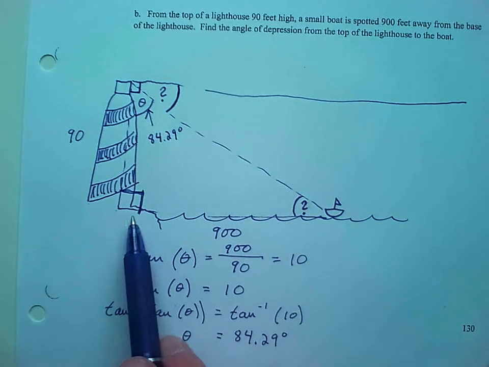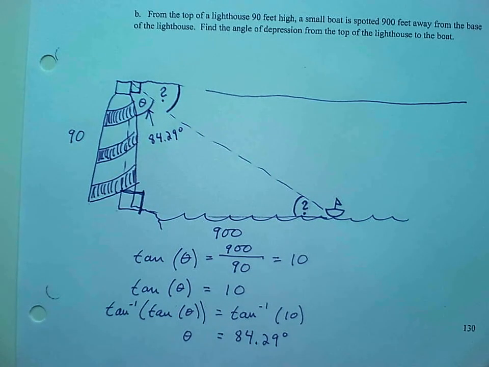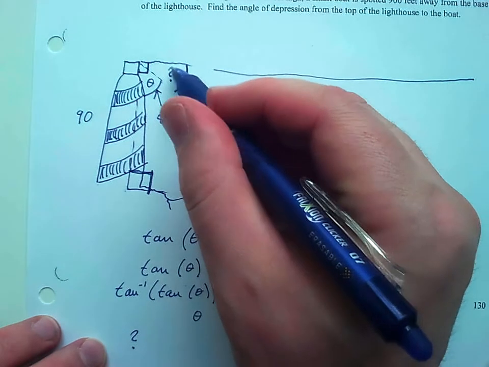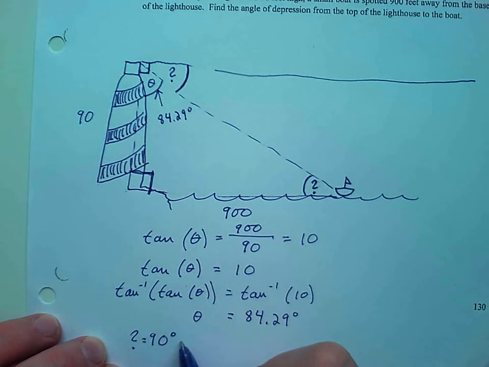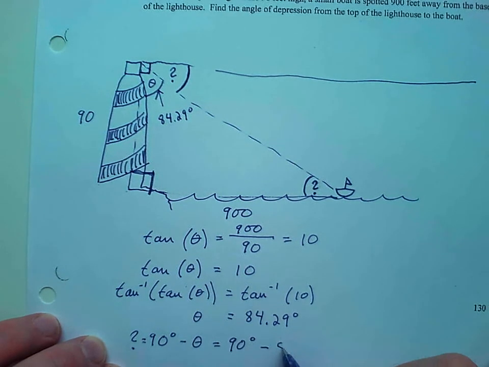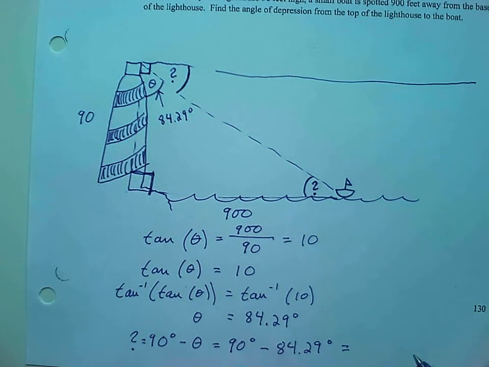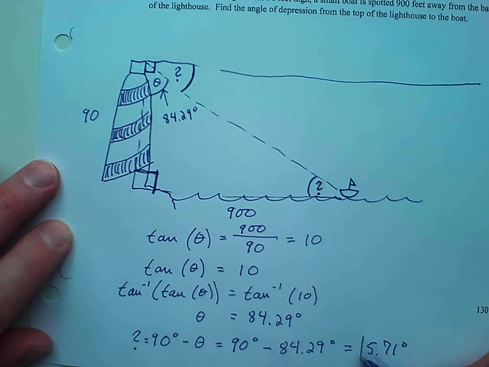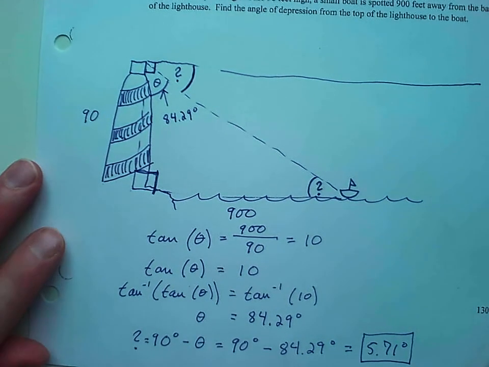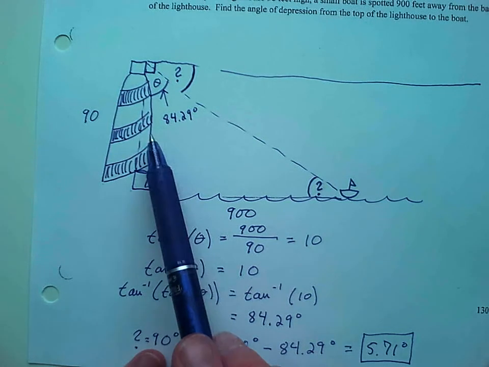If this is 90 degrees and this is 90 degrees, then these two lines are going to be parallel. So if I want to figure out what question mark is equal to, this angle right here, I can take 90 degrees and subtract 84.29 degrees from it. And this is going to then be equal to 5.71 degrees. So this right here, that's our angle of depression.